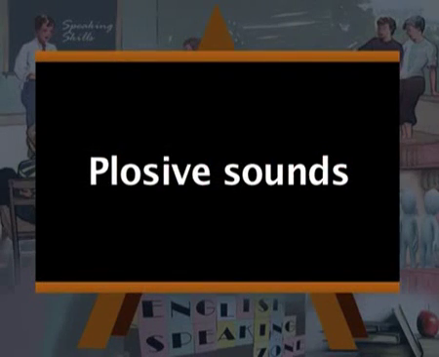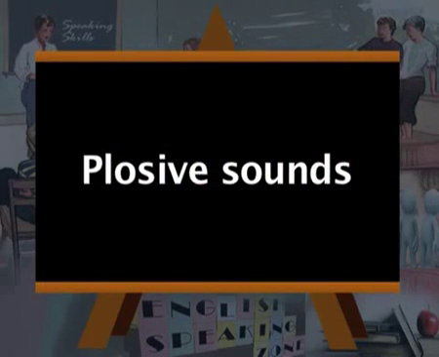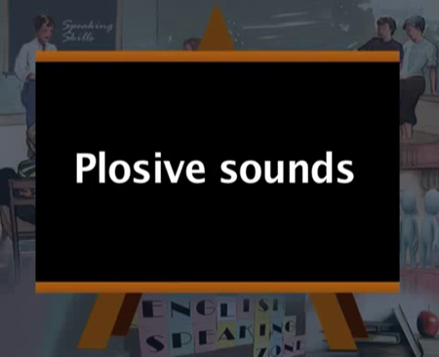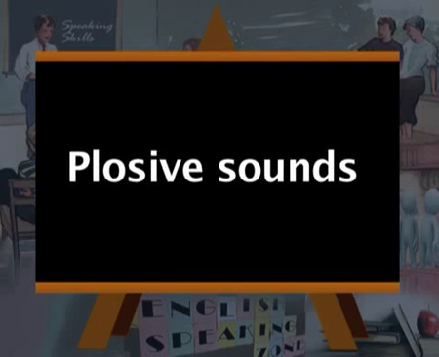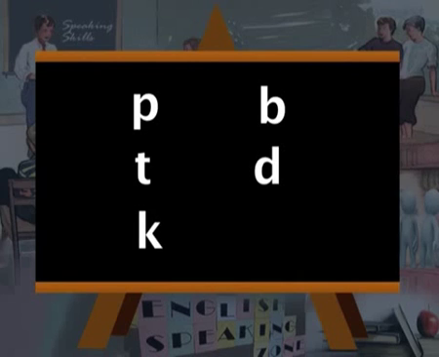So these are called plosive sounds. And the phonetic symbols used for them are these: p, b, t, d, k, and g.